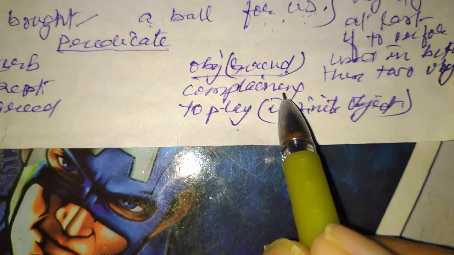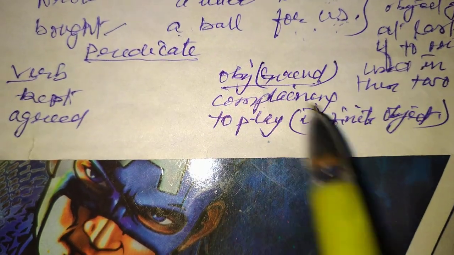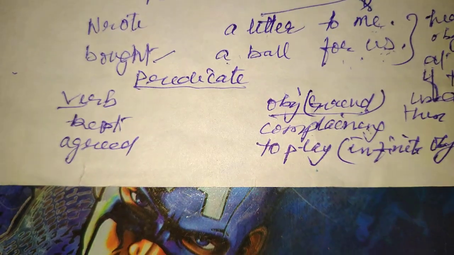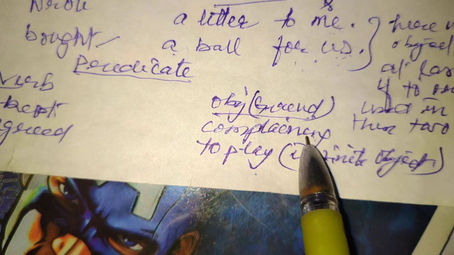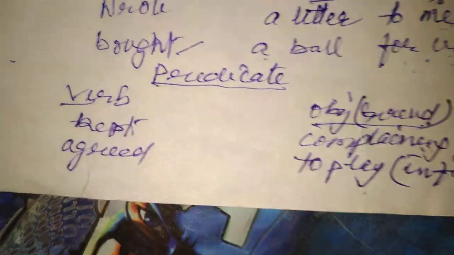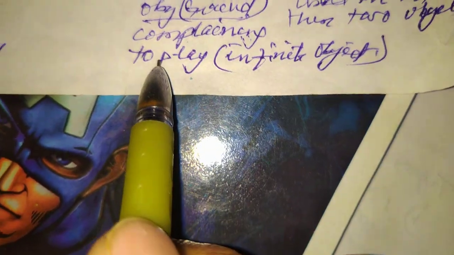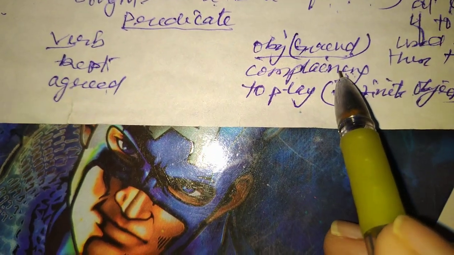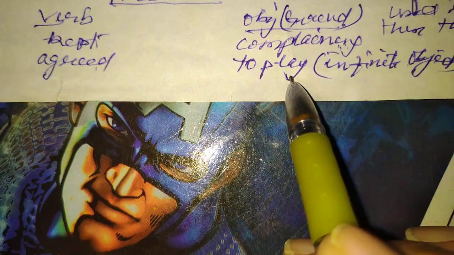Object as a gerund. Earlier we have used gerund forms as a subject also, but here gerund is used as an object. He agreed to play. This is an infinitive object. To play, infinitive object. So an object could be a gerund, or an object could be an infinitive.